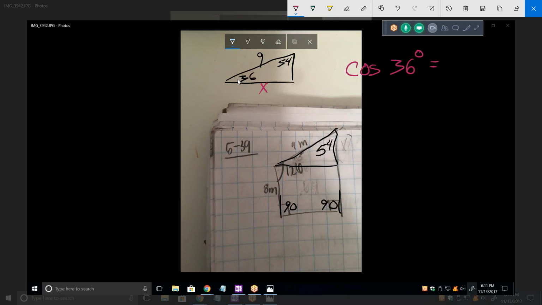So what would it be? 9 over x? Cosine is the adjacent over the hypotenuse. Oh, okay, so x over 9. So cosine of 36 degrees is x over 9. Well, cosine of 36 degrees, you can get out of your calculator. Go ahead and give me what that number is.